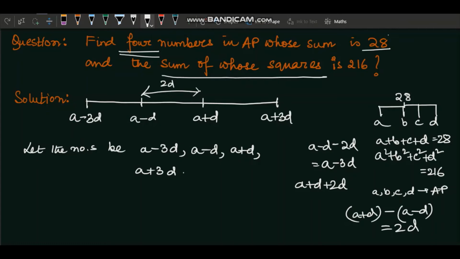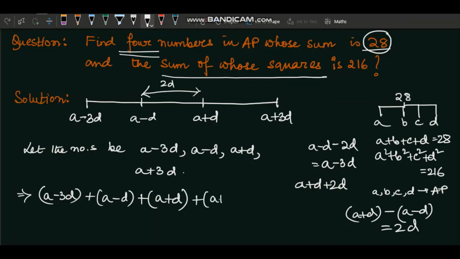Now what are you given? You are given that the sum of these four numbers is 28. So that means A minus 3D plus A minus D plus A plus D plus A plus 3D is equal to 28. And we see that the terms containing D are getting cancelled very easily, and we can find out A from here.